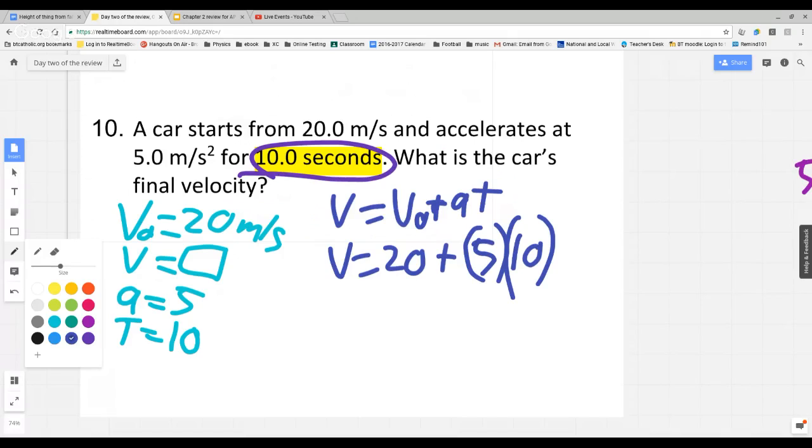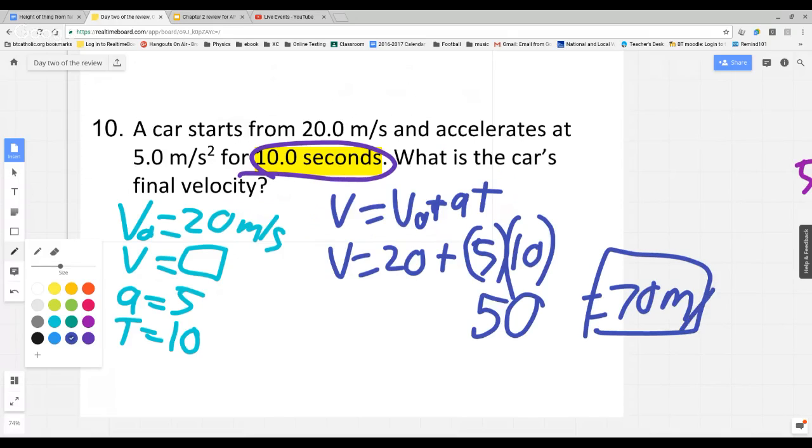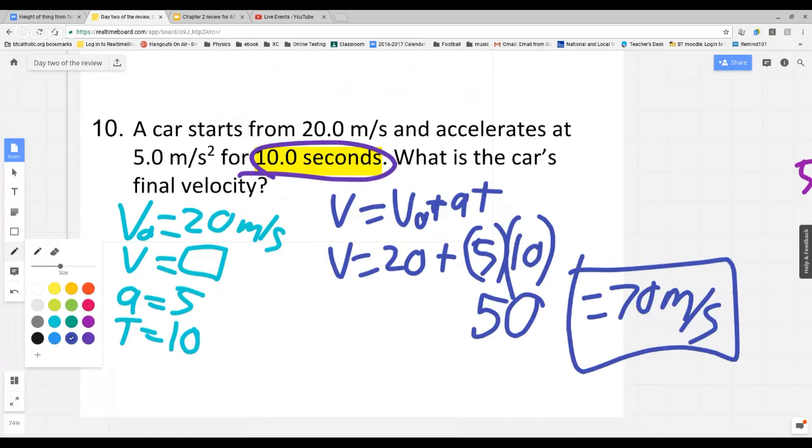So we got 20 plus 50 equals 70. Wait, why is it 5 times 10 instead of 5 times 5? Because I told you to change it to 10.